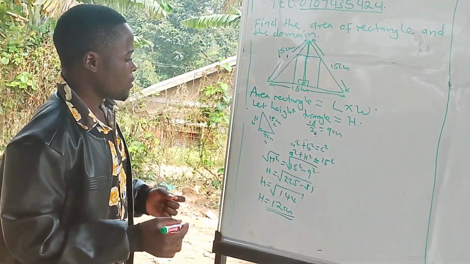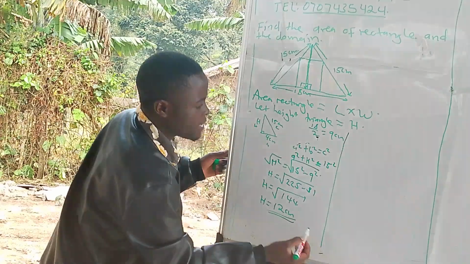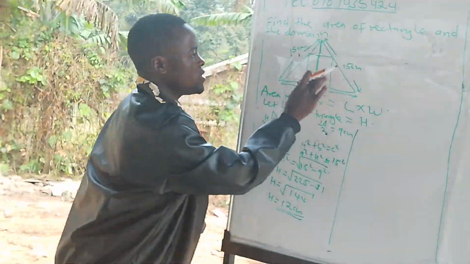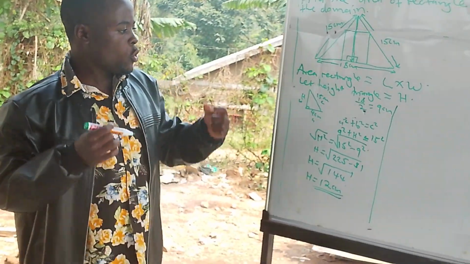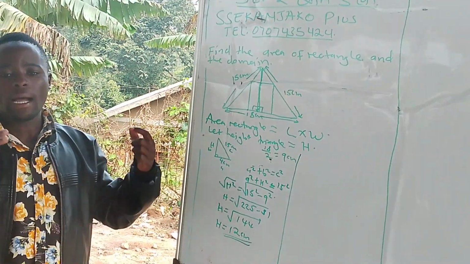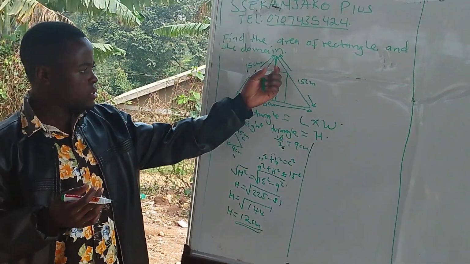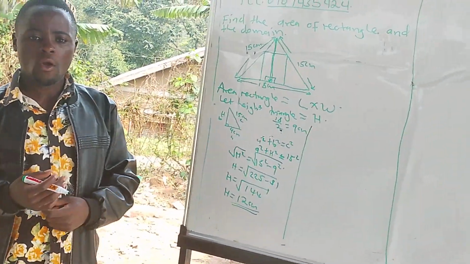So now let us get the height of this rectangle. We don't know the height of that rectangle, because the height of this rectangle is the same as the length of that rectangle.